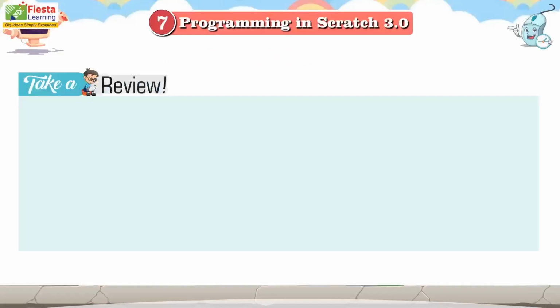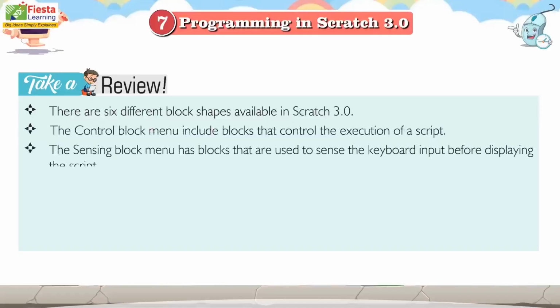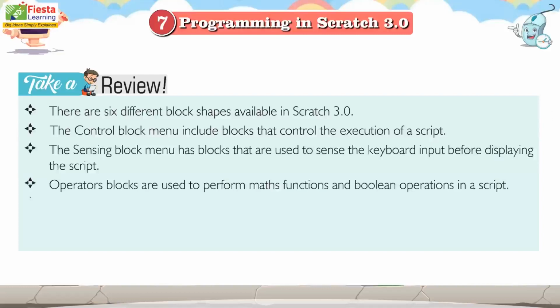Take a review. There are 6 different block shapes available in Scratch 3.0. The control block menu includes blocks that control the execution of a script. The sensing block menu has blocks that are used to sense the keyboard input before displaying the script.